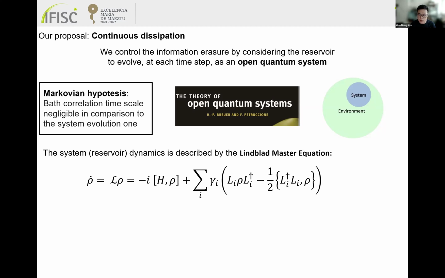So I'm just wondering whether the one that you consider falls into these cases or not. Yes, I think you still have classical simulability. I don't have a formal proof, but my intuition is that yes, because the information that you're erasing with dissipation makes your system classically simulable.